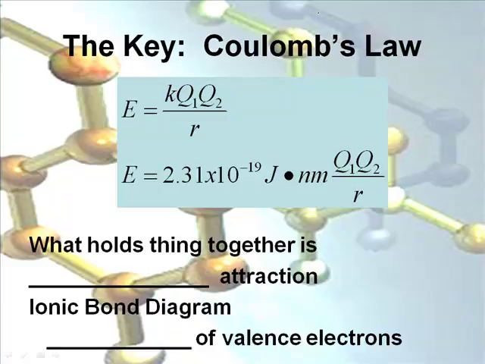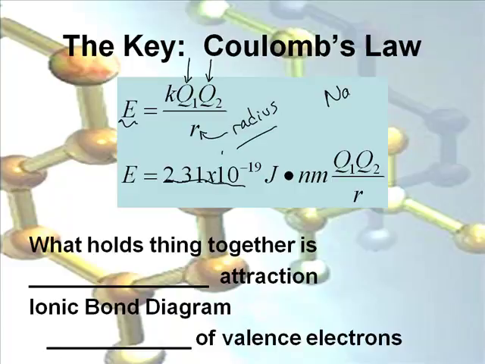The key thing actually, it's not tape that holds everything together. It's actually Coulomb's law. There was this dude named Coulomb, and he made a law, and they called it Coulomb's law. Basically he said that if you have 2 things with charges, where Q stands for charge, Q1 and Q2, and R is the radius or the distance between them, so you have 2 objects that are close together, they are attracted together with a particular amount of energy equal to K Q1 Q2 over R, where K is a constant.